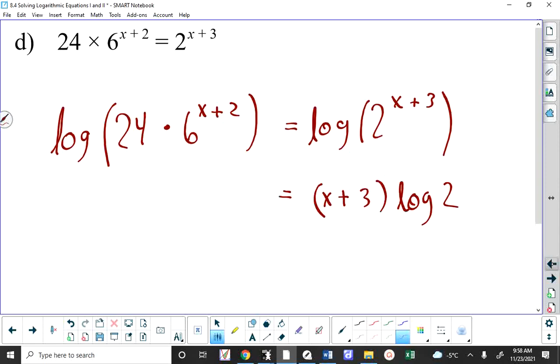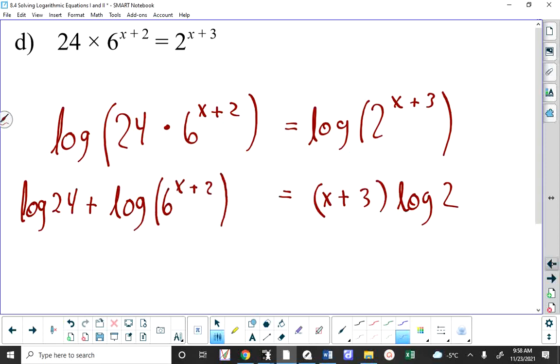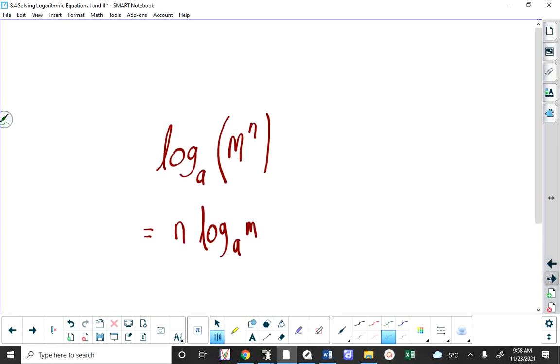This 24 is mixing things up for us. We can't move that exponent out in front, but what we can do is say that this is log of 24 plus log of 6 to the x plus 2. So I'm using the product law to separate out those two logarithms, and now that second logarithm in the line that we're at does qualify for using the power rule.